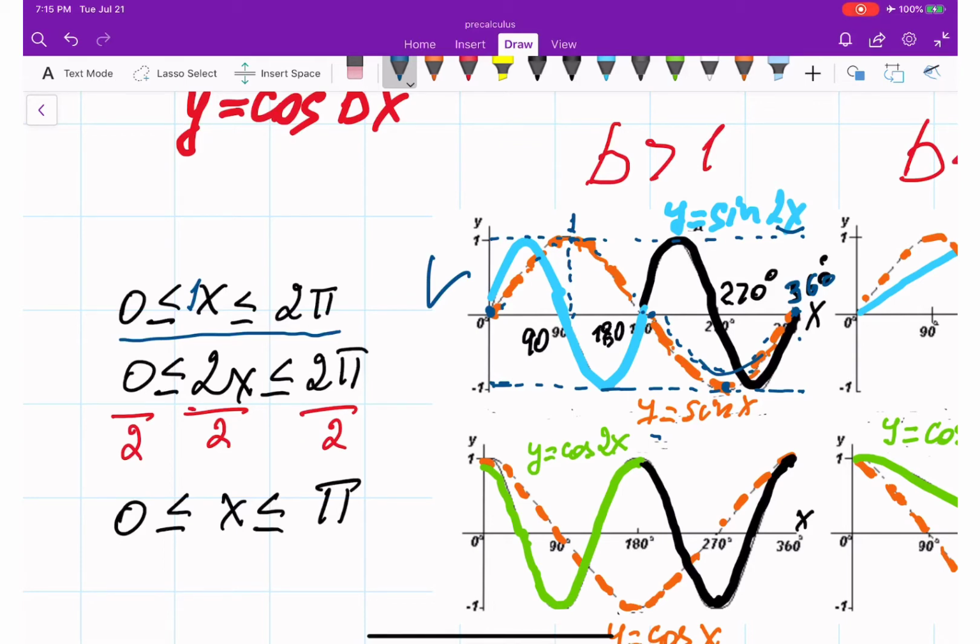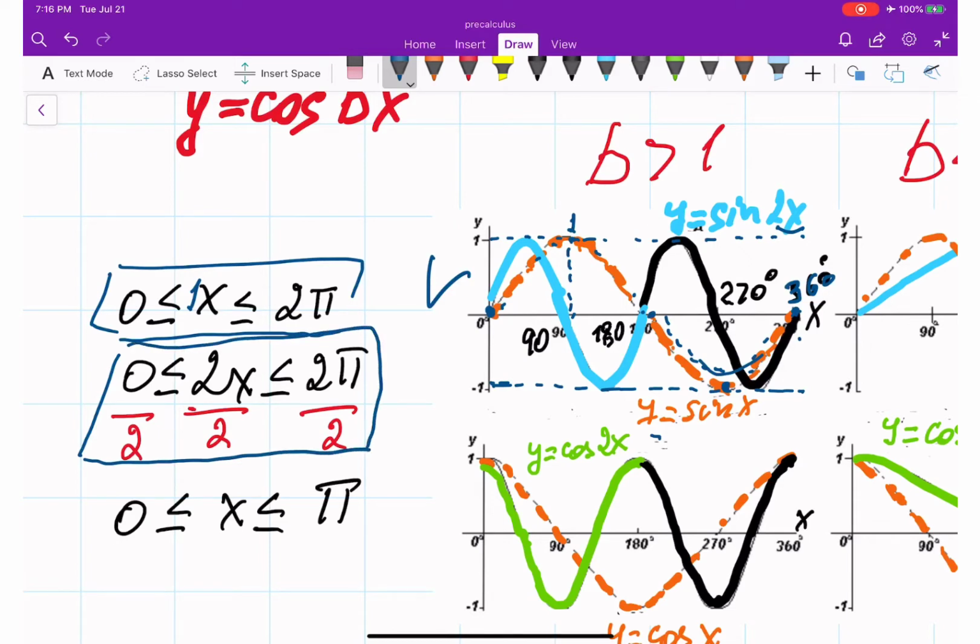If the period of x is greater than or equal to 0 and less than or equal to 2 pi, then for 2x it is greater than or equal to 0 and less than or equal to 2 pi. Let's find from here how much the period for x will be. So we divide by 2, and since we have inequalities, we divide everywhere. This 2 is gone, canceling, and we get x greater than or equal to 0, less than or equal to pi.